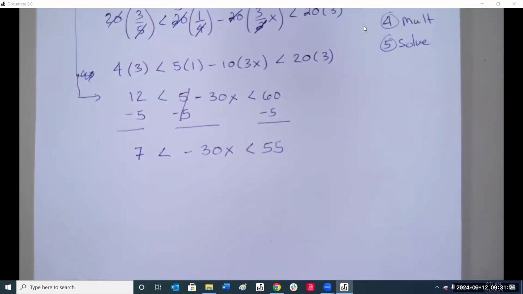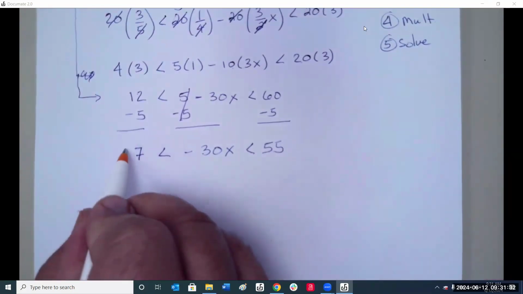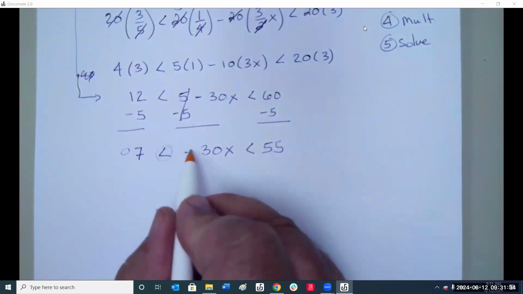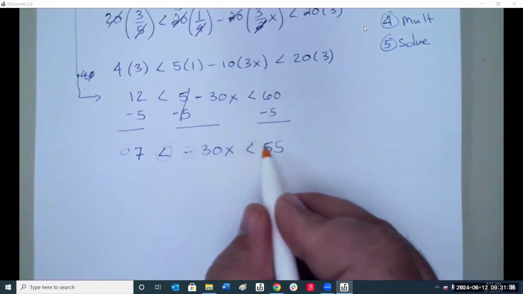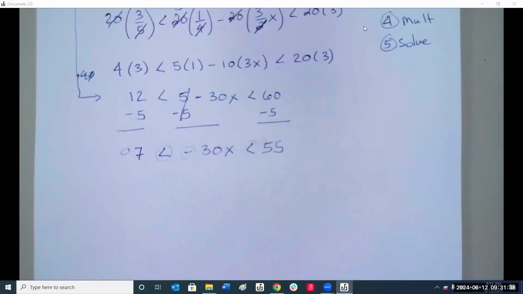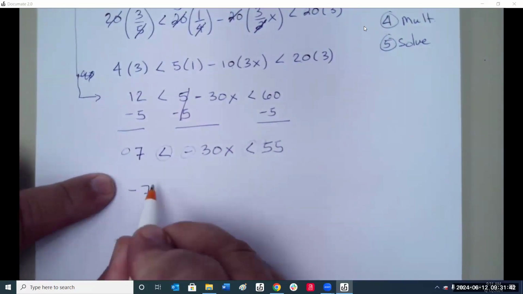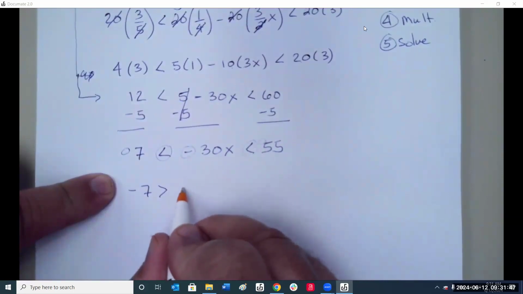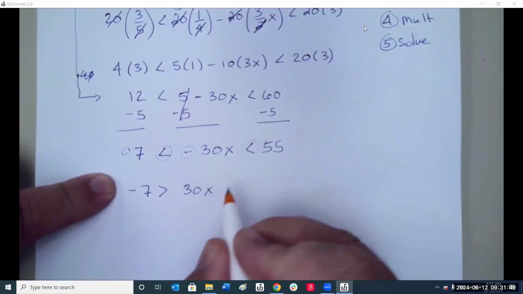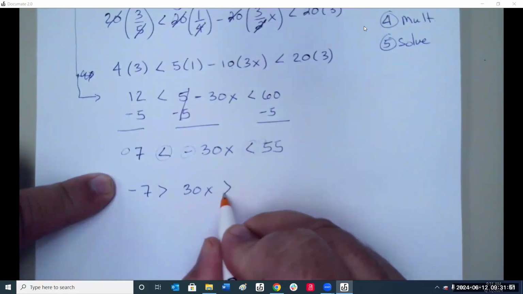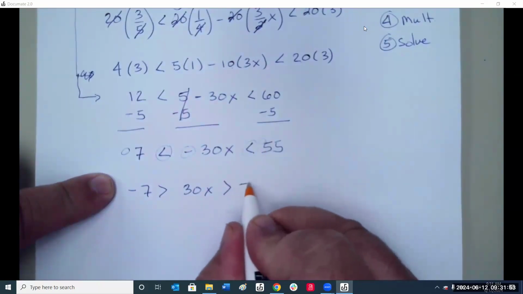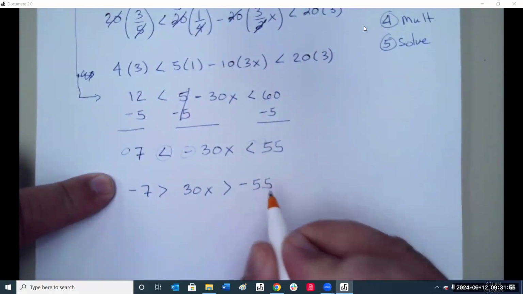There's a negative in front of the x. You got to change everything. Change this sign, this direction, change that sign, change that direction, and change that sign. So 7 becomes negative 7. Less than becomes greater than. Negative 30 becomes positive 30. Less than becomes greater than. And 55 becomes negative 55.